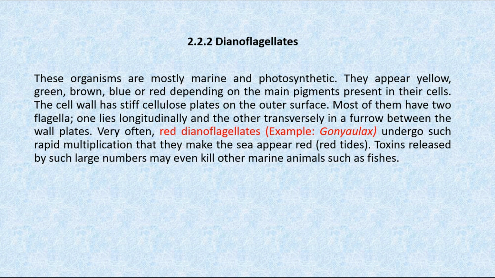Very often, red dinoflagellates, for example, Gonyaulax, undergo such rapid multiplication that they make the sea appear red, red tides. Toxins released by such large numbers may even kill other marine animals such as fishes.